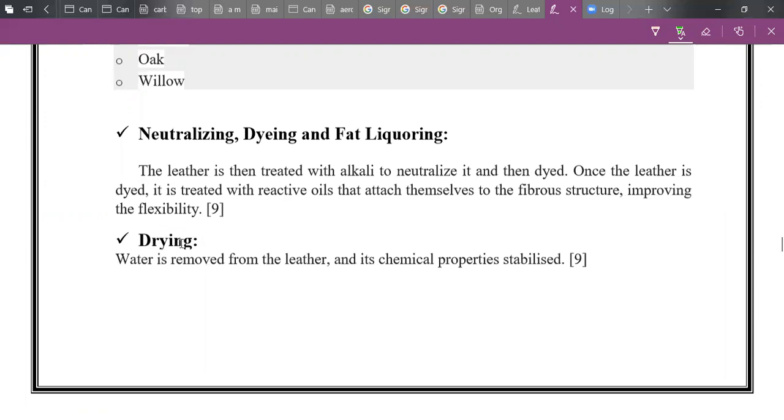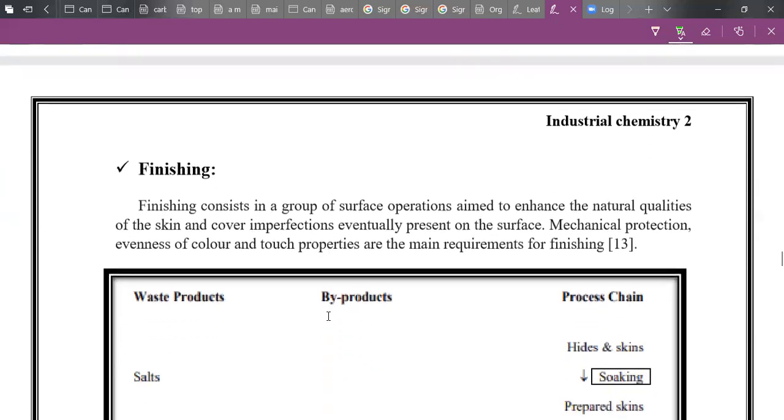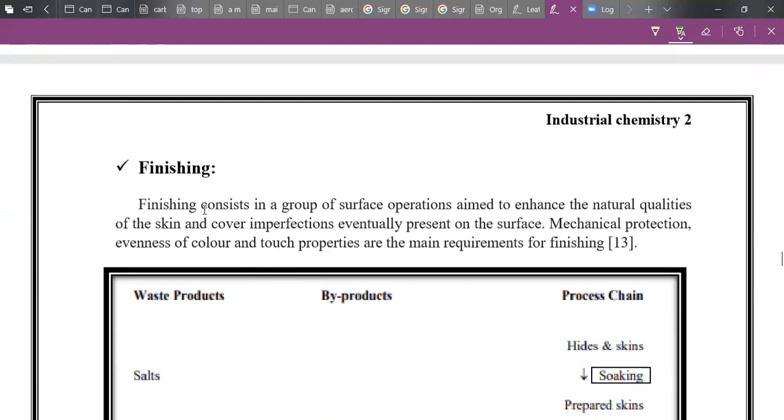In the drying step, we remove the water from the leather, and its chemical properties are stabilized. After that, the last step is finishing. Finishing consists of a group of surface operations aimed to enhance the natural quality of skin and cover imperfections eventually present on the surface.